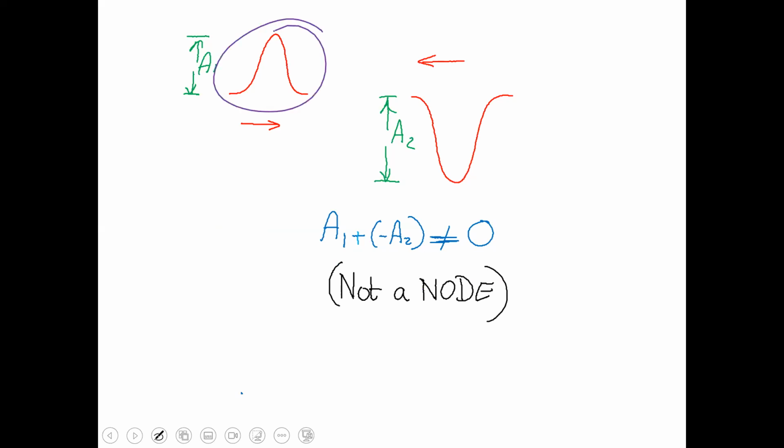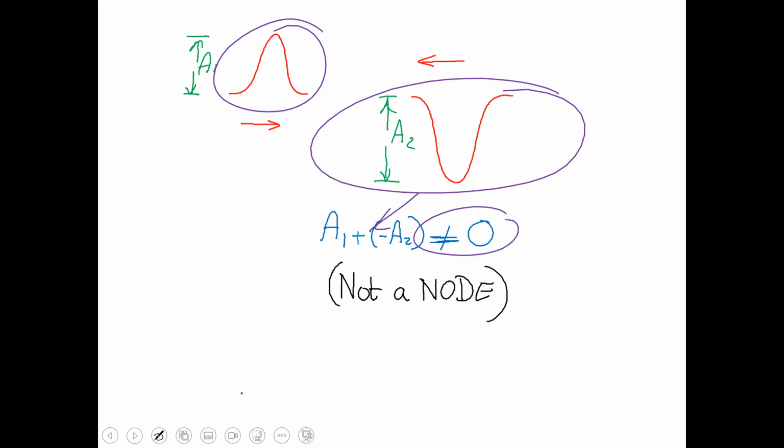This is a relatively smaller signal and this is a relatively bigger signal. They are out of phase, one is up, one is down. They will subtract, but the answer won't be zero. It is not a node. So remember that when waves meet at a point, they can behave constructively or destructively.